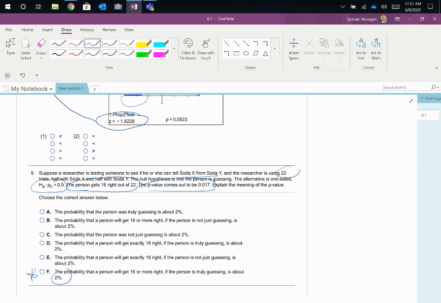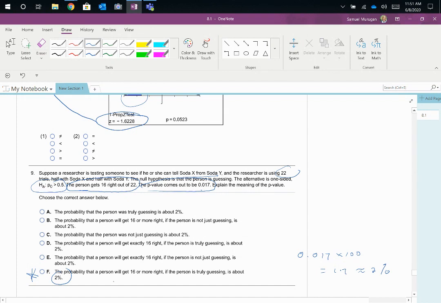Now, if you're asking about the 2%, we round this: 0.017 times 100, which is equal to 1.7, which is approximately equal to 2%.